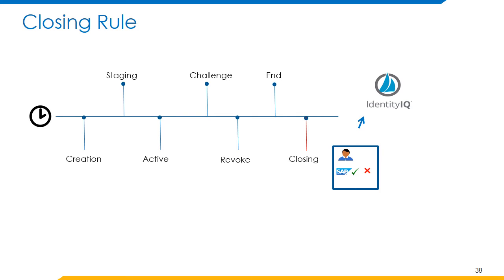As part of closing, we have a closing rule. The input to this is certification itself. Various activities shall be performed using input certification variable and no output is expected.